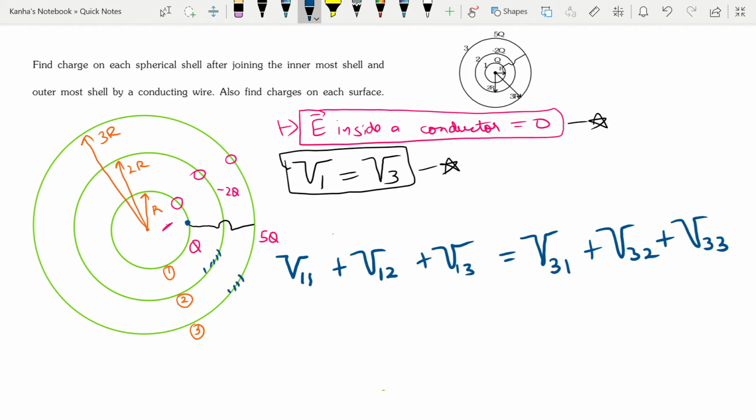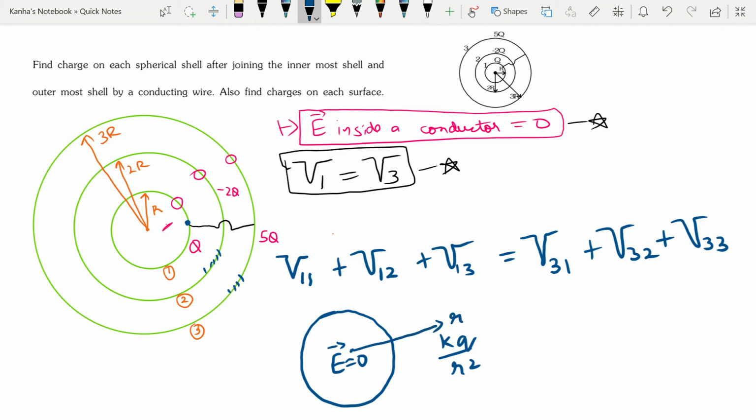Now the next thing that I want you to revisit and carefully remember is, if this is my shell, we know that the electric field inside is equal to 0. The electric field outside is kq by r squared, where r is the distance from the center to that point. This point can be right at the radius, or it could be inside as well.